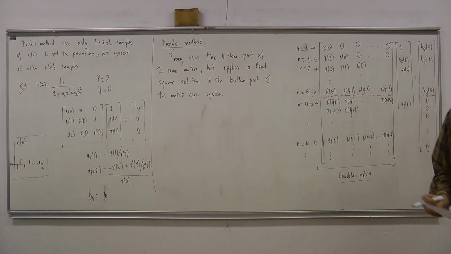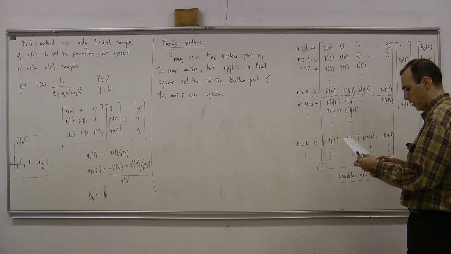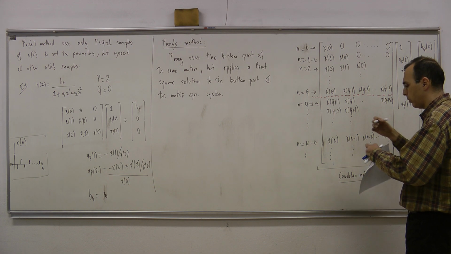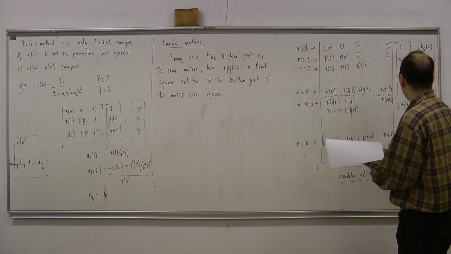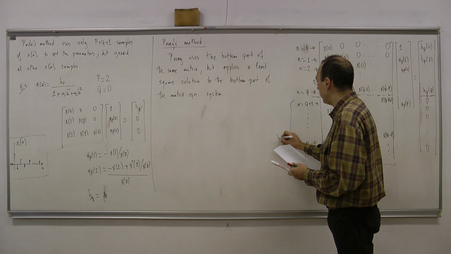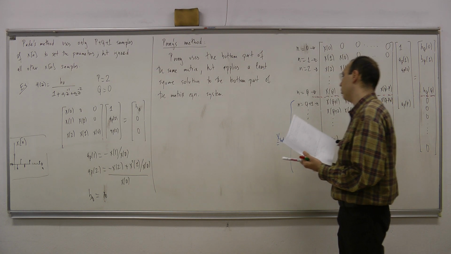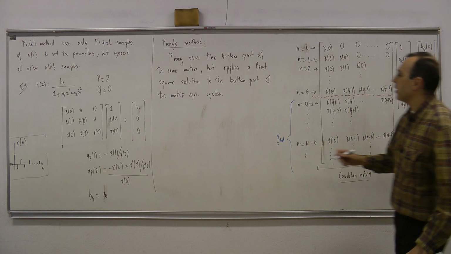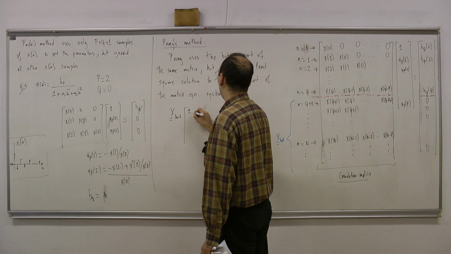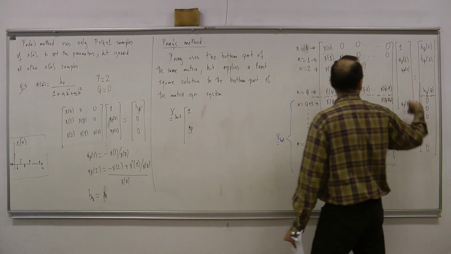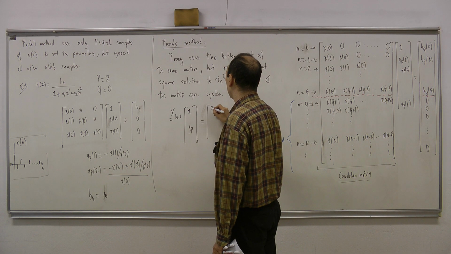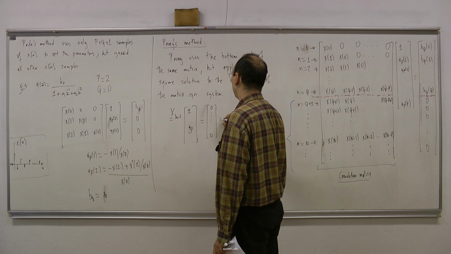So how can I write this one? Just to clarify this, let me give a name to this bottom part. This is my X matrix, and its bottom part is BOT, let's say. So I have an equation system like that: X matrix, BOT, times the unknown vector 1, AP, is equal to the 0 vector.